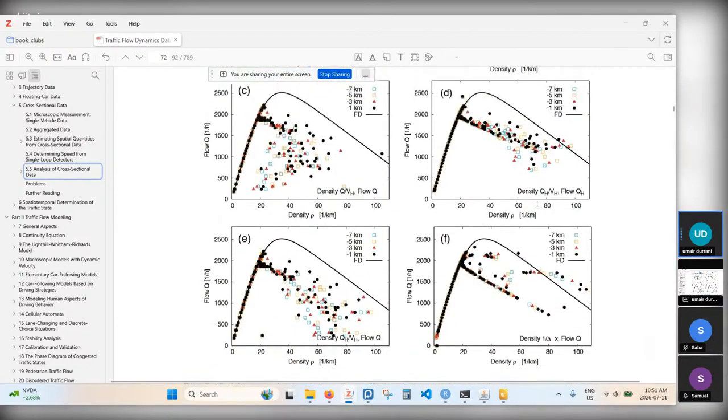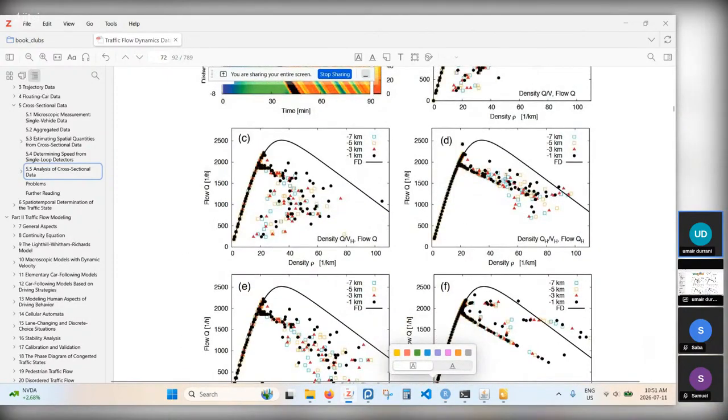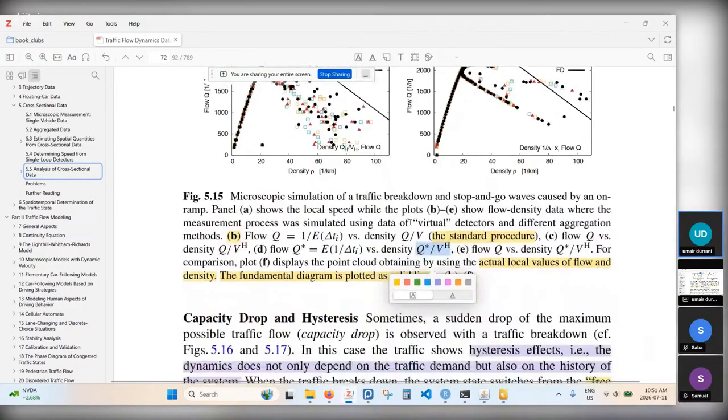In part D, we have flow, which is Q star, the average of 1 divided by the time headways, and the density is Q star divided by harmonic mean speed. So that's D, right? Again, a very similar pattern to the fundamental diagram. This seems to be a good estimation because we're using harmonic mean speed, which we know is a better representation of space mean speed, and flow is also a better representation of the actual flow.